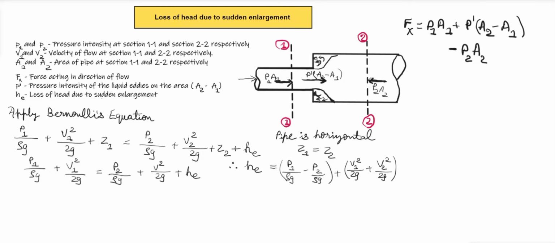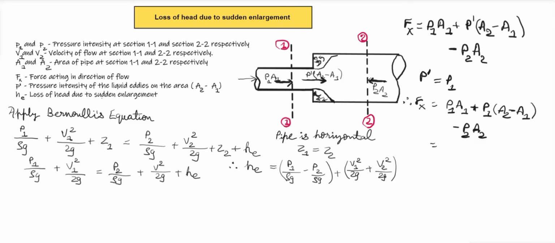When an experiment has been carried out on a pipe having sudden enlargement, it has been found that P dash is equal to P1. Therefore, we'll substitute this here and we get Fx is equal to P1A1 plus P1 into A2 minus A1, because P dash is equal to P1, minus P2A2.